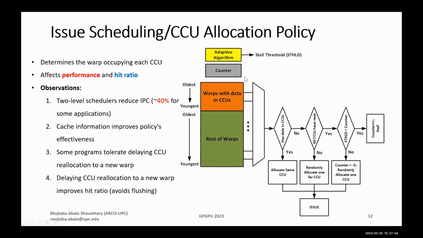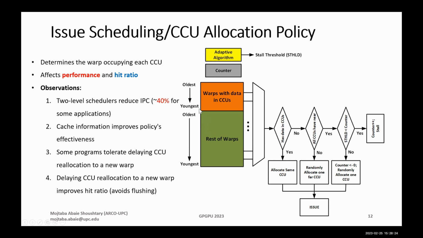So based on these observations, we designed the issue scheduling and collector allocation policy. This policy is a coordination of three policies. One is the issue scheduling, the other is the CCU allocation, and we have some waiting scheme that delays and postpones the reallocation of the CCU for a new warp.